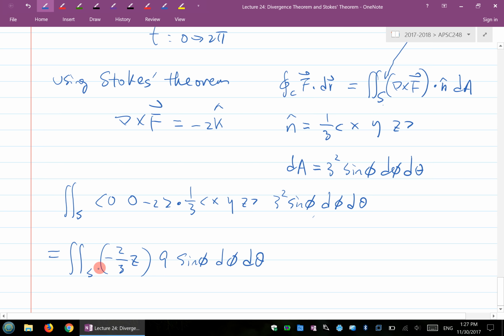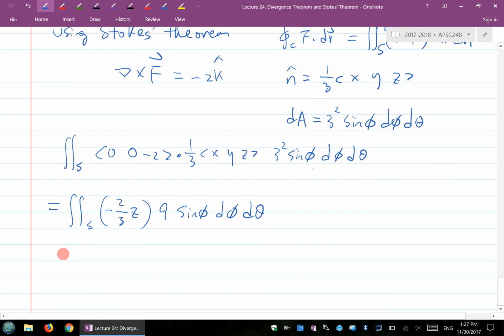So on the surface S, you don't want to keep the z here. You want to get rid of the z using spherical coordinates. So z is 3 times cosine phi. That's your z, and 9 times sine phi d phi d theta.